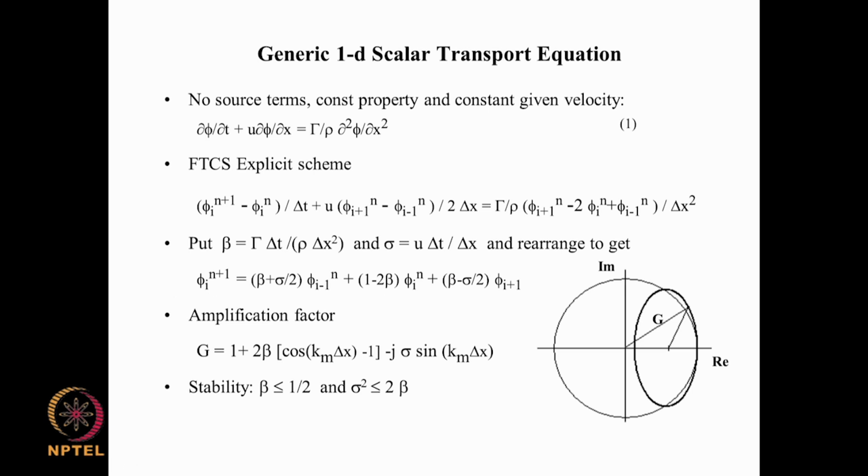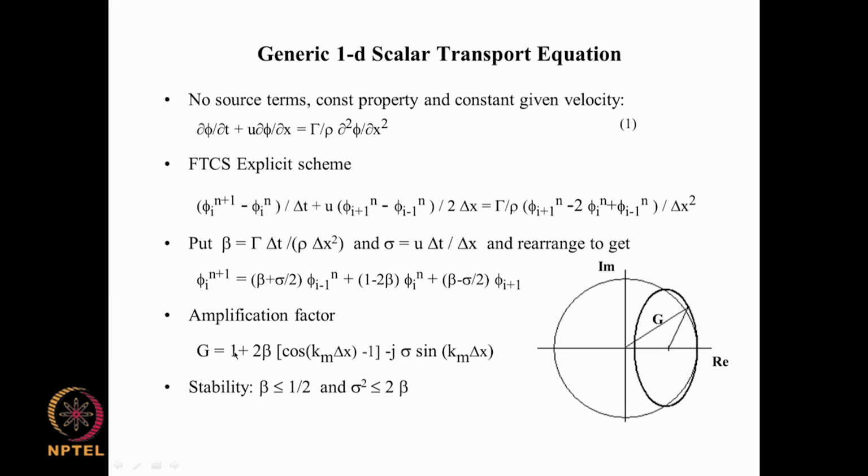As we have seen just now, we can substitute the error, put n plus 1, and we can get the error evolution equation, and then we can investigate the mth wave component, and we can get an amplification factor, and that amplification factor looks like this.